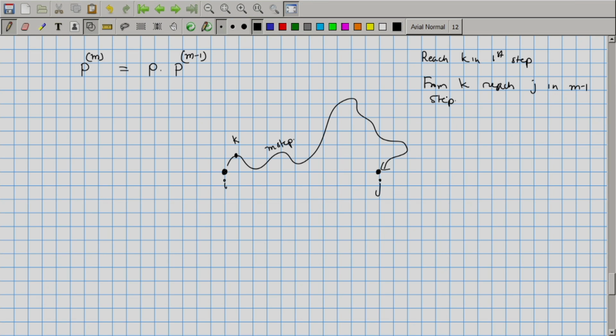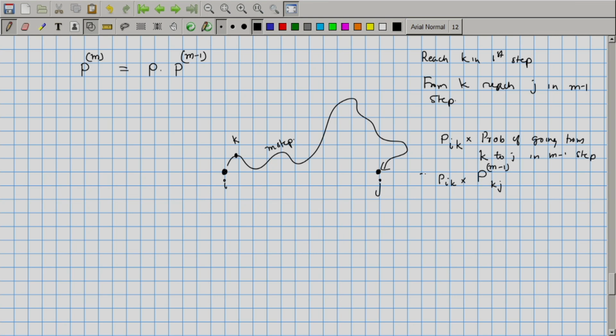So, for a particular k, this probability is going to be Pik times the probability of going from k to j in m minus 1 steps. That is going to be equal to Pik times, if you look at the matrix P raised to m minus 1, the kjth entry inside that essentially gives us this, and this is for one particular choice of k.